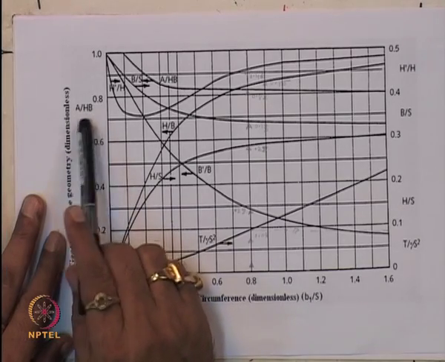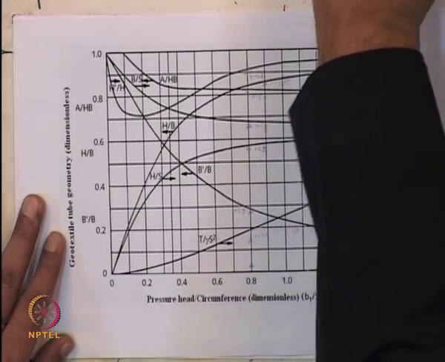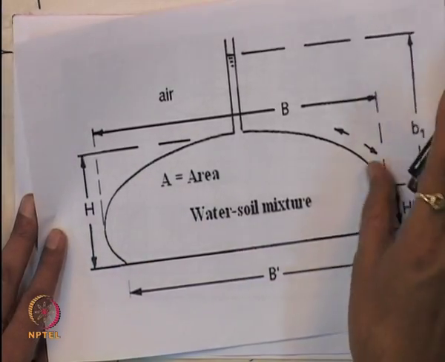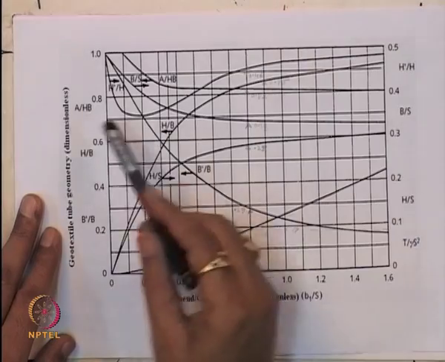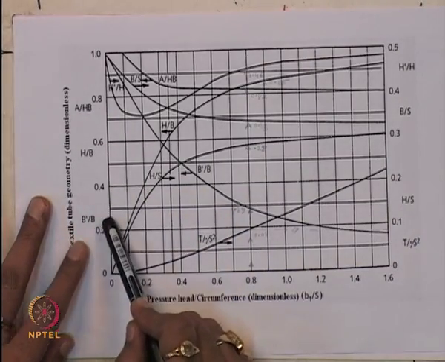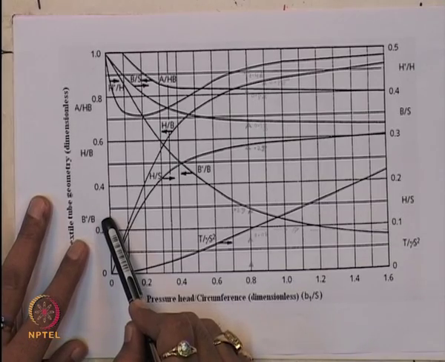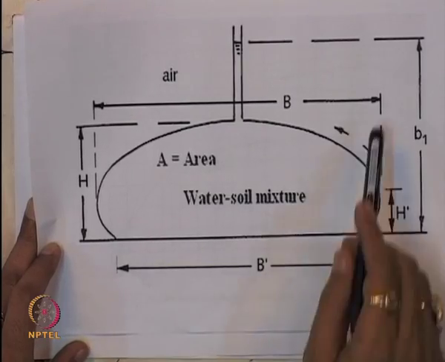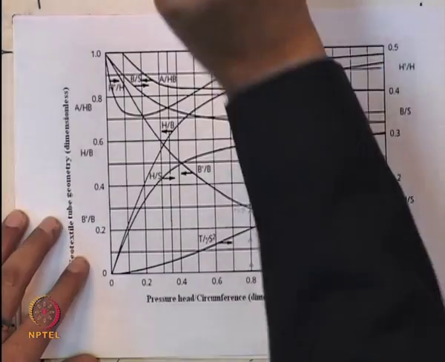I showed you what is H and what is B. So you can have A by HB, you can have H by B, you can have B dash by B. B dash means this is B dash, and this is B. So B dash by B.